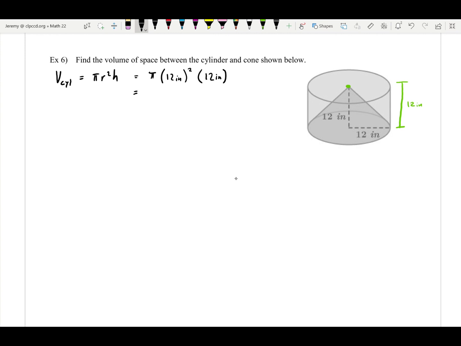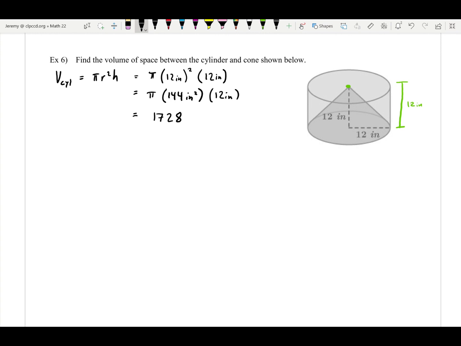And simplifying this, I get pi times 144 inches squared, right? Applying that second power to both of those, times 12 inches, like that. And then I'll do 12 times 144, and I get 1,728.